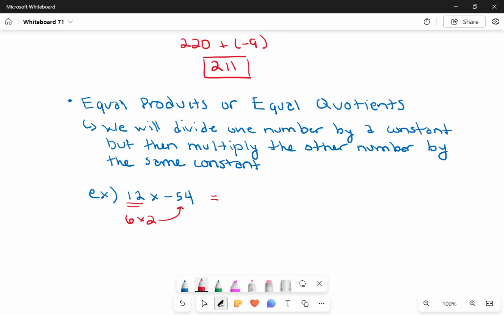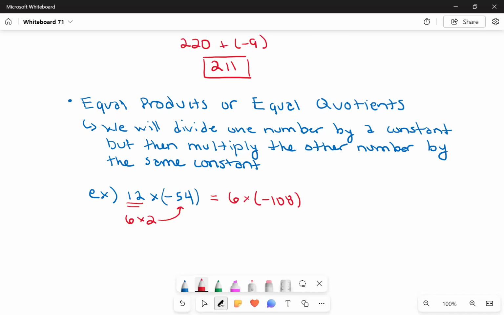So instead of 12, I'm going to have a 6. And then if I want to multiply 54 by 2, I just do 2 times 4, which is 8, and 2 times 5 is 10, and it's negative, so negative 108. Here, let me write that clean. There we go.